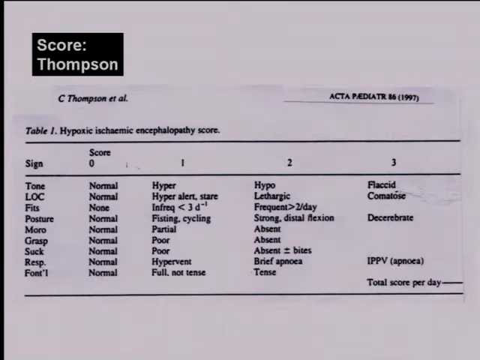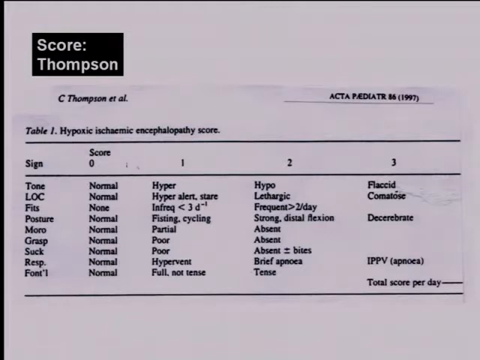Then very strong distal flexion and the decerebrate position, which is the worst, indicating. Then we can do 3 reflexes: Moro reflex, grasp reflex, and suck reflex. You can do that even in a baby which is intubated and in intensive care. And they are classified as normal, partial or poor, or absent.